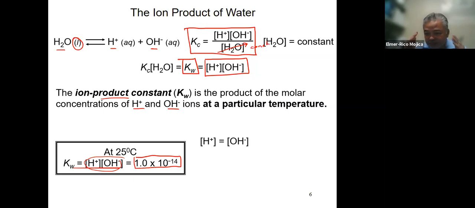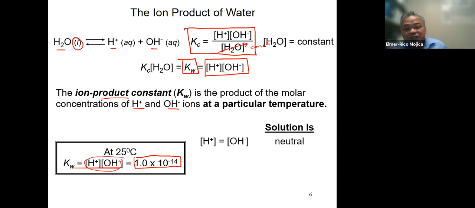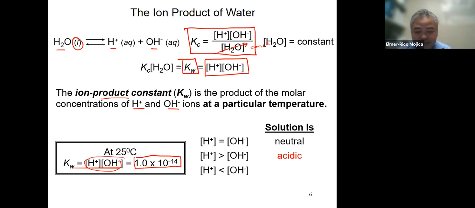Now, if they have equal concentration of the H plus or OH minus, you could say the solution is neutral. If H plus is more than the OH minus, then you could say it's acidic. And if it's hydroxide that is more than the H plus, then you could say it is what we call basic.